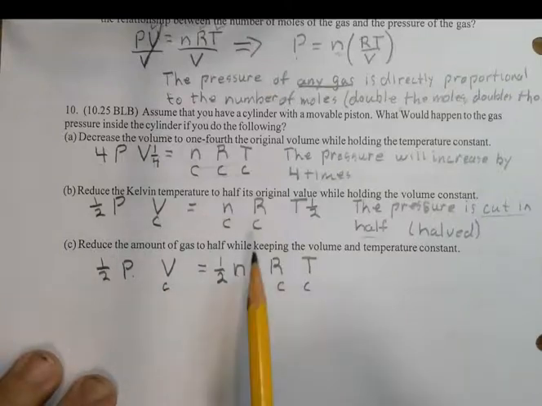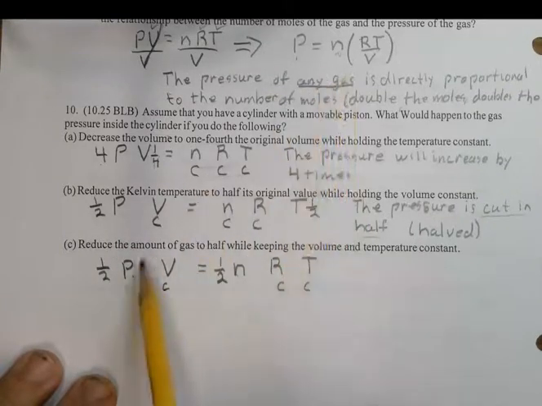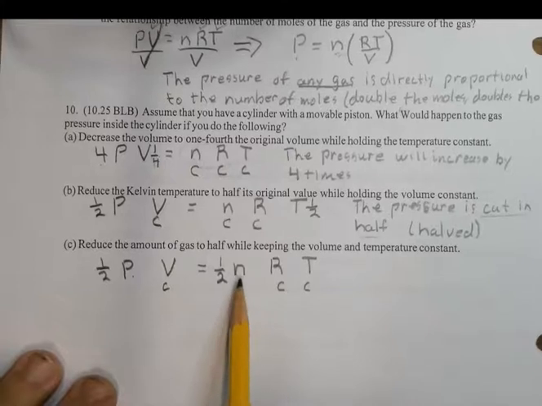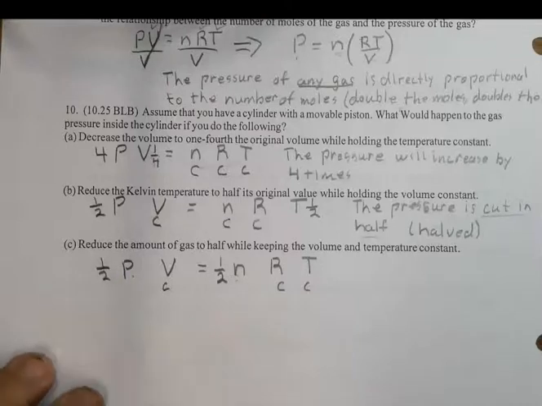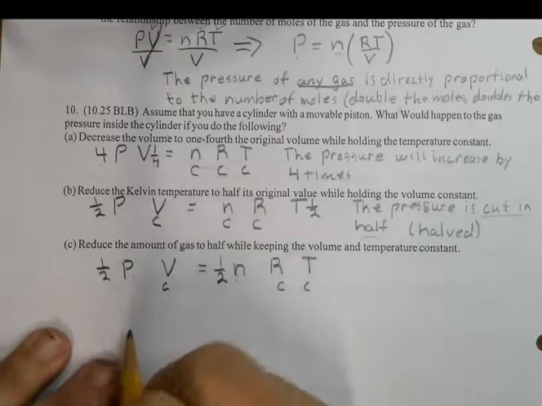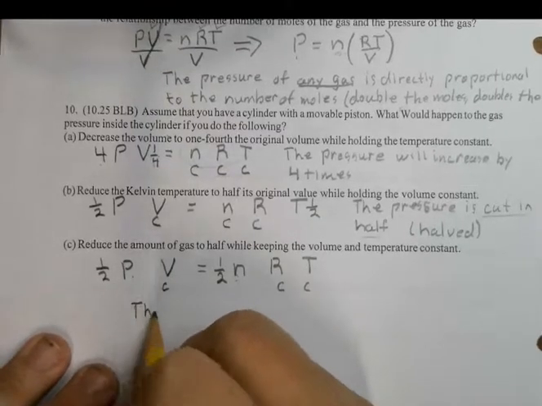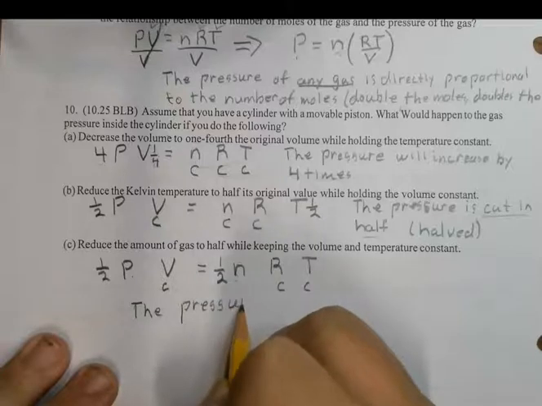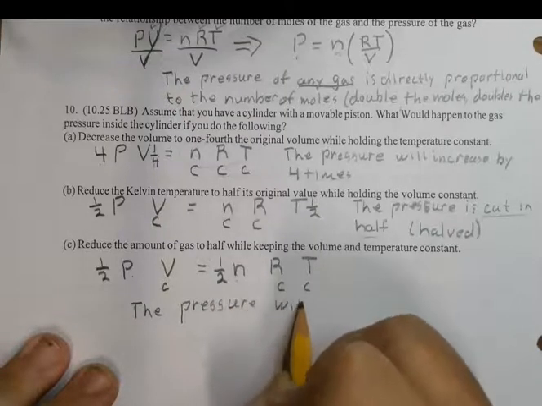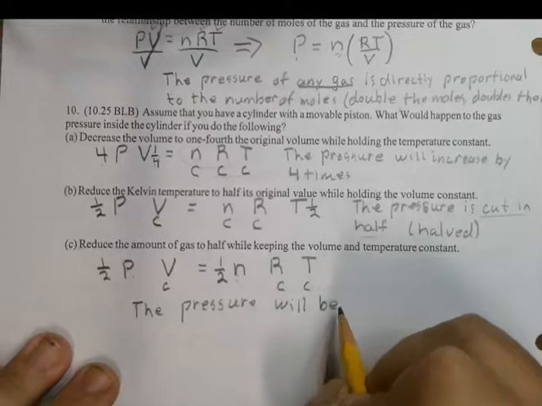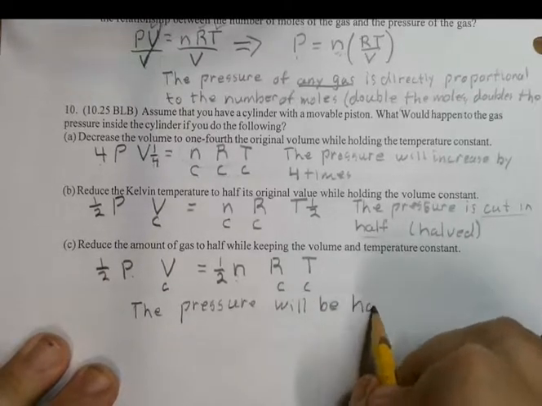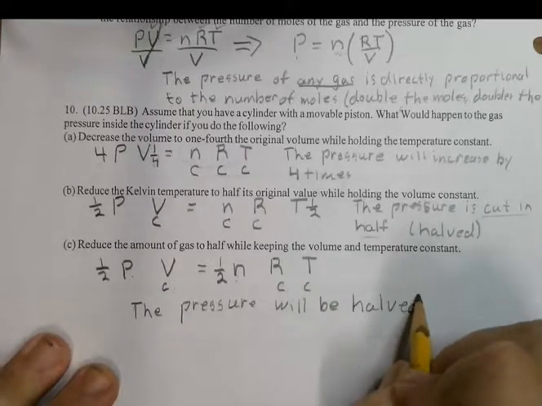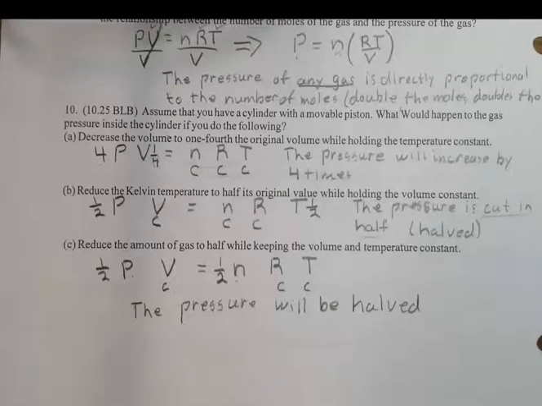So it goes to what we said up above, that the pressure is directly proportional to the number of moles. If you have half as many molecules or atoms flying around inside that container, it's only going to have half the pressure. So the pressure will be, watch this, halved. Cut in half, okay? And that's that.